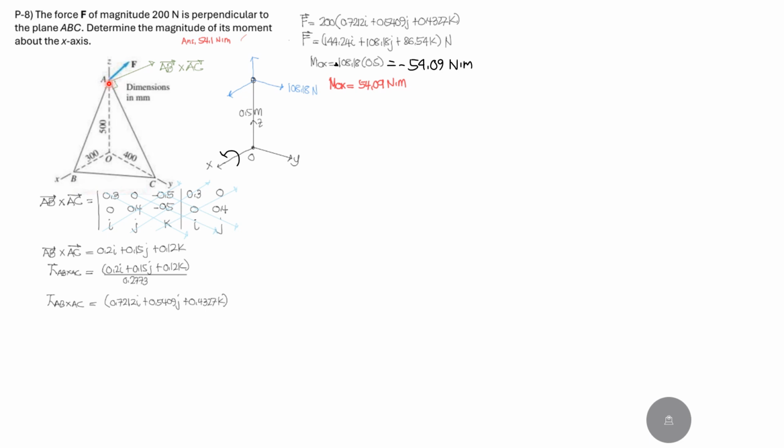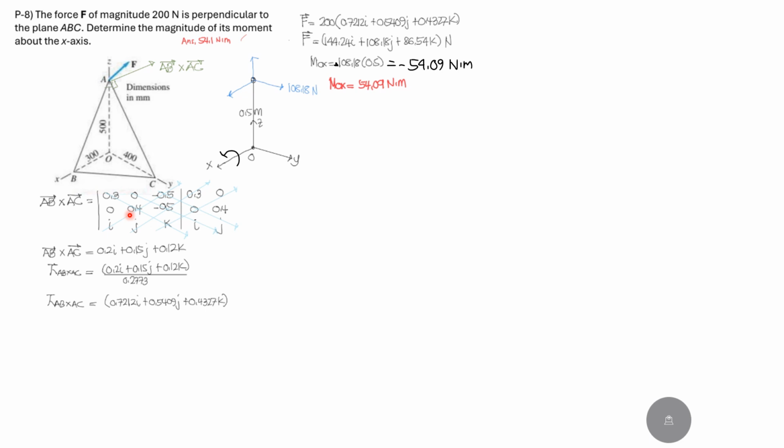And to define that, we have to cross AB with AC. So AB cross AC first. So AB cross AC, AB is in the direction 0.3. We convert 300 mm to meter, all dimensions in meter. So 0.3i, then downward negative 0.5 along Z, so 0j, then negative 0.5.